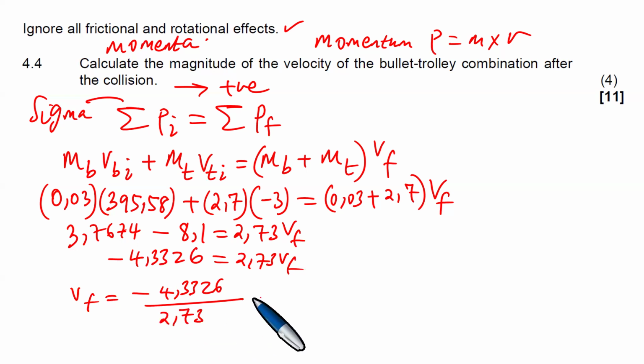What's the answer here? It's negative 0.59. Okay, something is not right. Need to check the numbers here. There's a number that is not correct here.